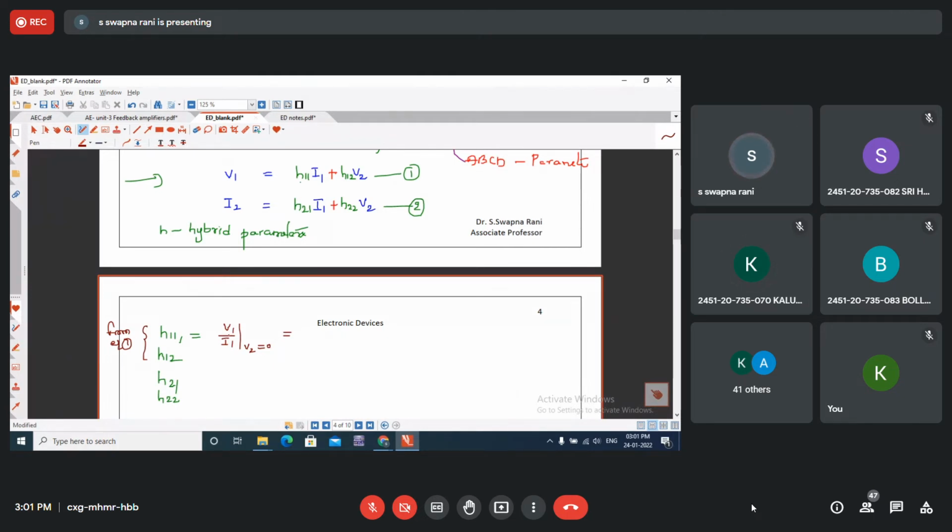Impedance. Here, V1 and I1 are related to input port 1, so input voltage by input current represents the input impedance with output terminals short circuited.